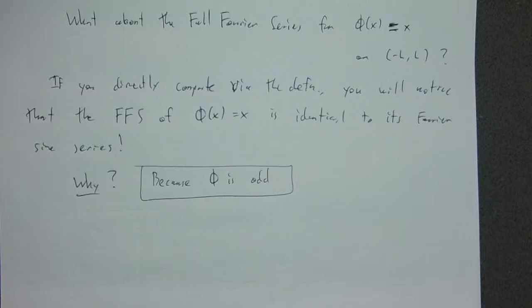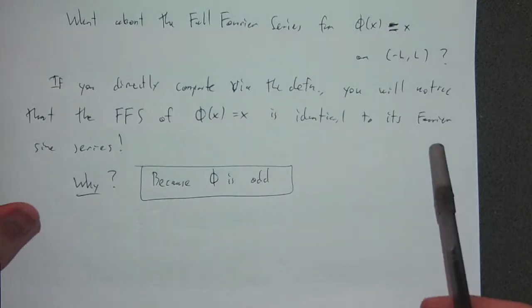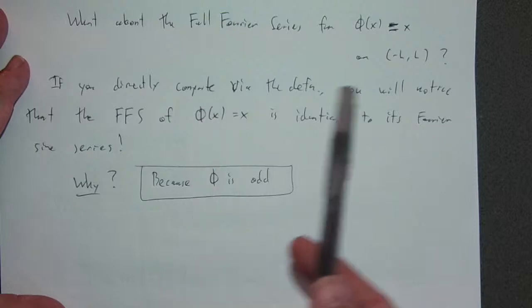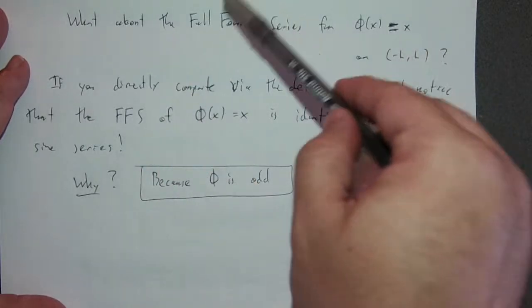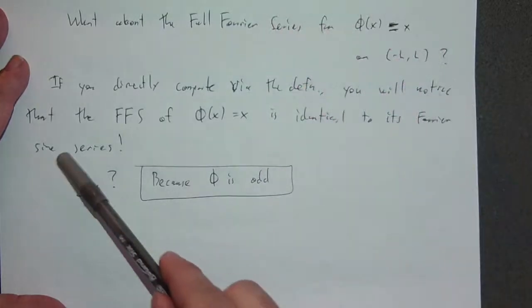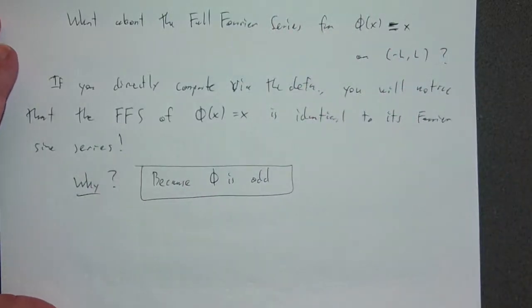Or maybe you just viewed them as incidentally being the same, but that turns out to be the reason why they're the same. Similarly here, the reason why the full Fourier series for phi of x equals x is the same as its Fourier sine series is because phi is odd. Okay. So now you might say, wait, its Fourier sine series is defined for a function on 0 to L. Full Fourier series is defined for a function on minus L to L. Yeah, but both the full Fourier series and the Fourier sine series are both defined on all of R, right?